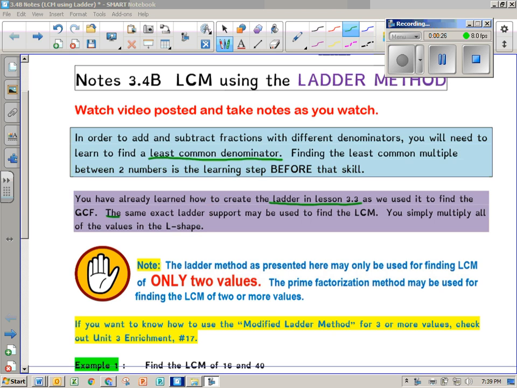It's going to be the same exact ladder, but this time what's different is you're going to multiply all of the values in the L shape, not just the vertical part. That's really the only difference.